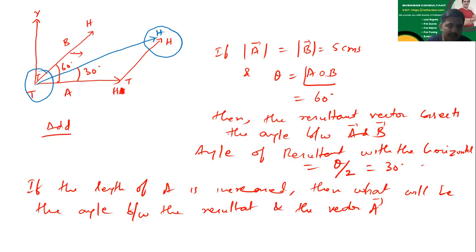I'm not going to keep these two constant. These two vector lengths will no more be constant, but I'm going to keep B constant and the value of A would be varied. And I'm going to ask what will happen to the resultant vector. This is my research question.